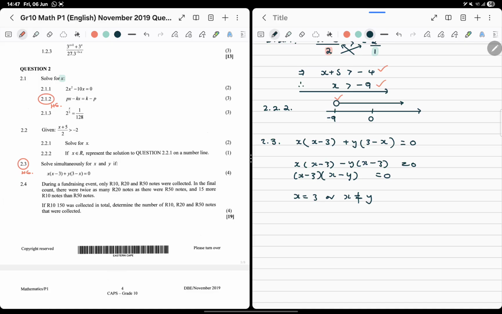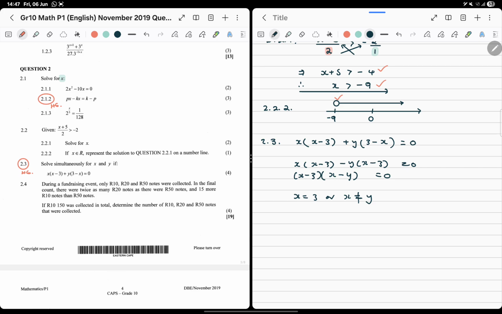Do you see? Now we don't have a way of solving for y here. Because guess what? When x is 3, look what's going to happen when you substitute back into the original. If this is 3, guess what? That becomes 0. 0 multiplied by anything is 0. So this kills the entire thing.